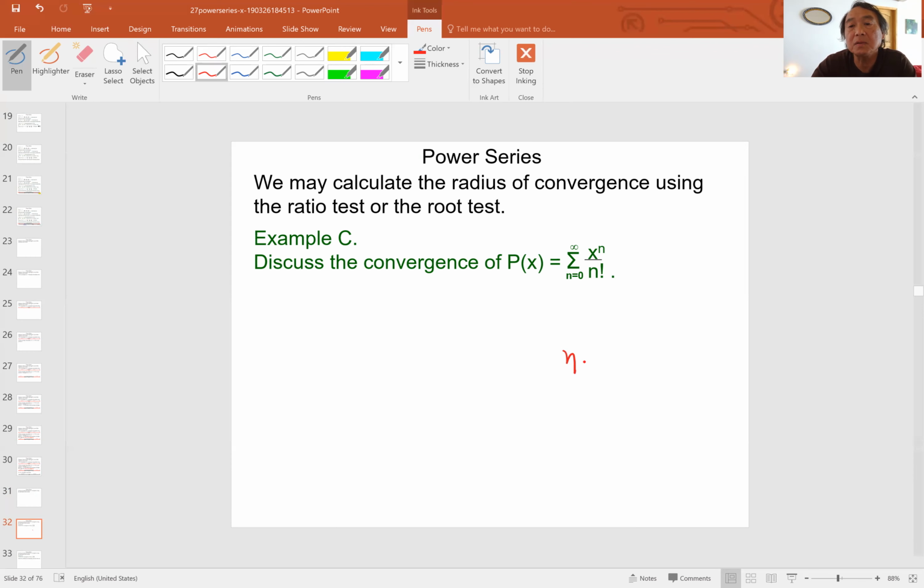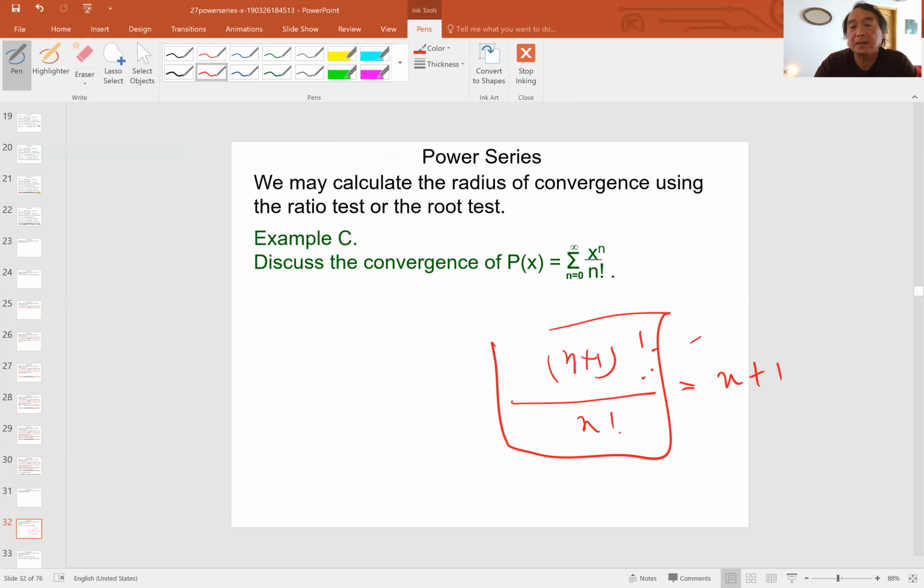This is basically the only algebra that we have for factorials: (n plus 1) factorial divided by n factorial, everything behind it cancels out, so the only thing left is n plus 1.